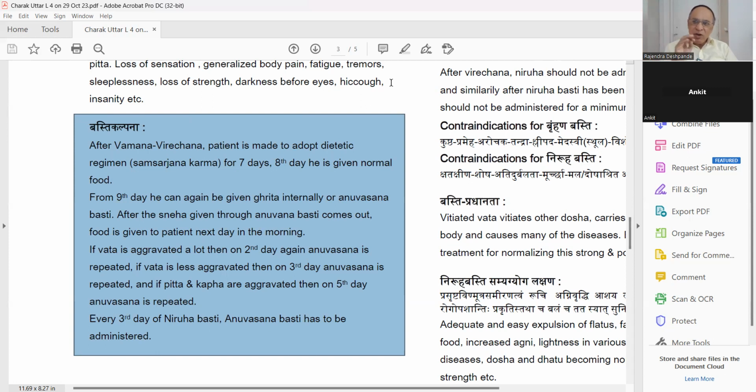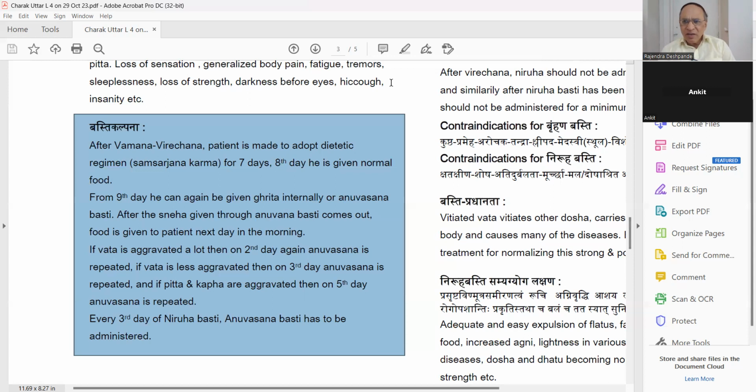In this shloka, they have mentioned that among the three doshas, dhatus and mala, the most important element in our body is Vata dosha. And that is why Basti is the best treatment for Vata dosha. So please write down, Basti is called Ardha Chikitsa.